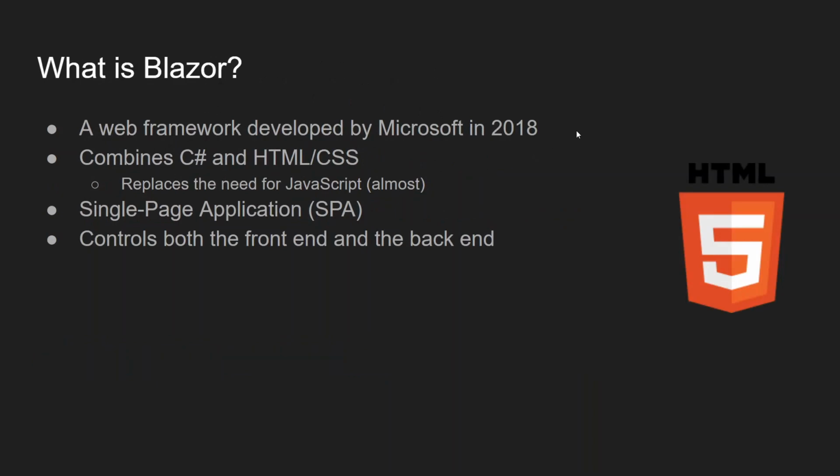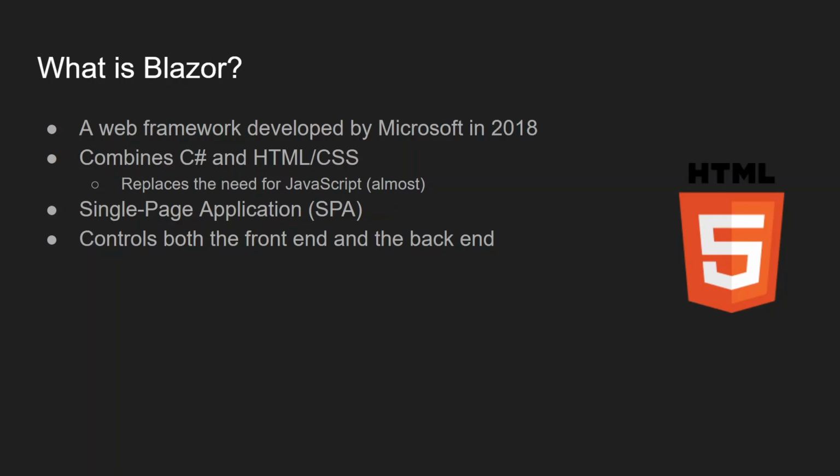But Blazor almost replaces the need for JavaScript. You can still use it if you want. There are still ways to do that, but I personally haven't had to. Blazor is a single-page application, which means that it just hosts one page and updates it, which hurts search engine optimization.